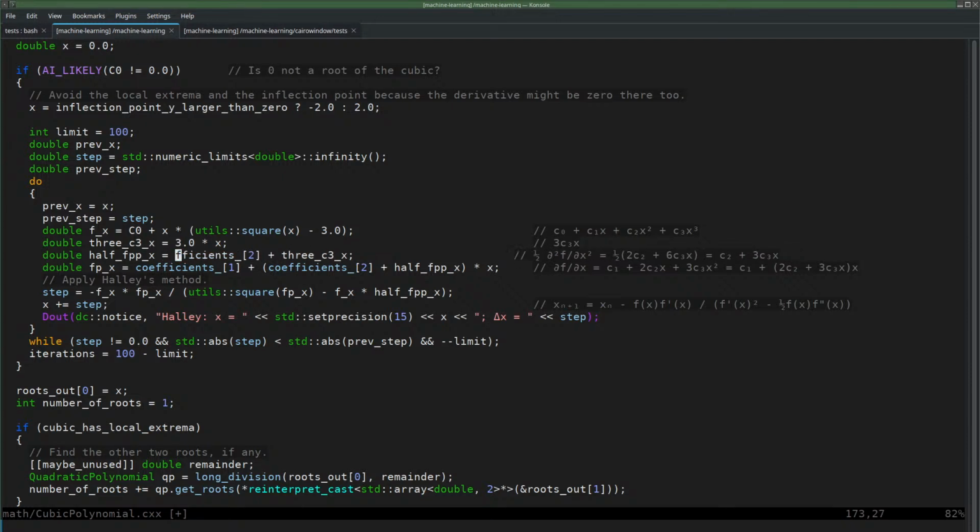Let's begin with that. fpx is coefficient of 1. This was 0. Half ppx times x. What was coefficient 1 again? That's minus 3, right? Yeah, that is minus 3. So I can do this minus 3.